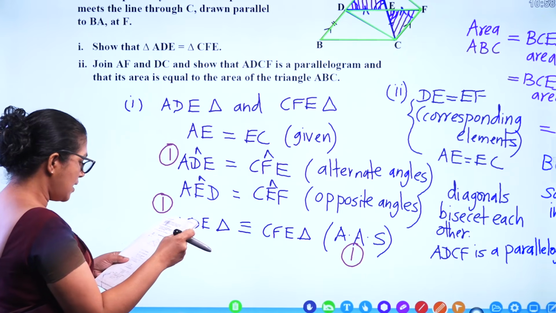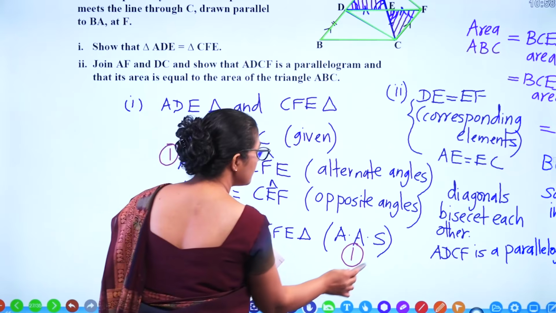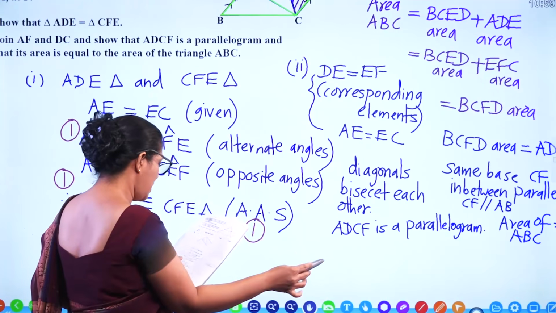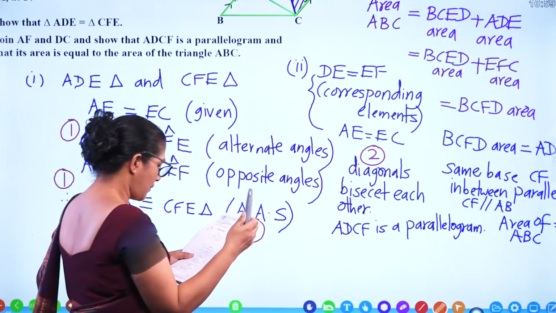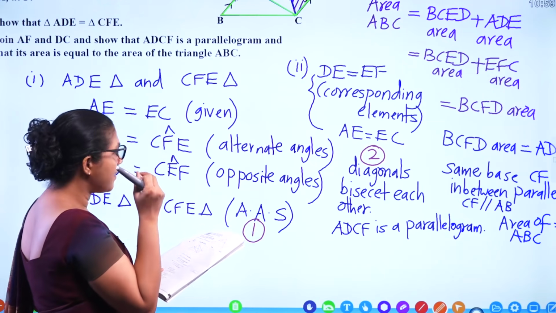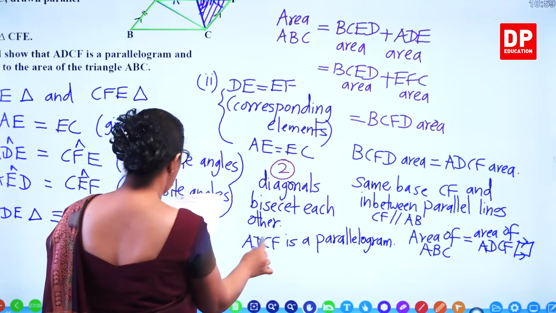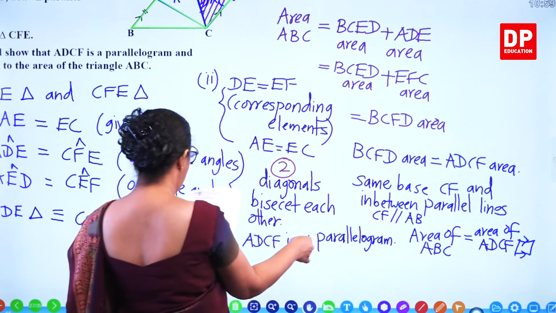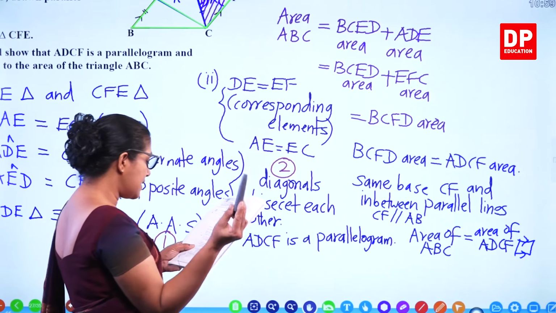Then the second part, showing that this is a parallelogram, only 2 marks. And then showing BD and CF parallel, and ADCF parallelogram, 2 marks, and the other one, BD and CF parallel with the same base.